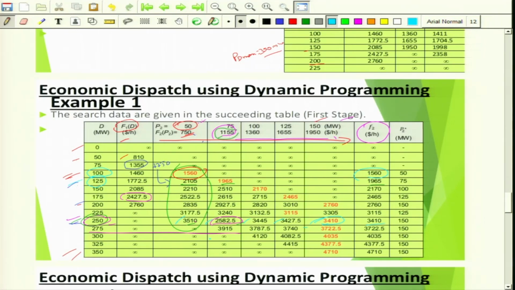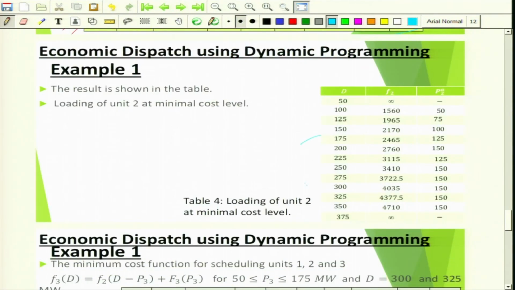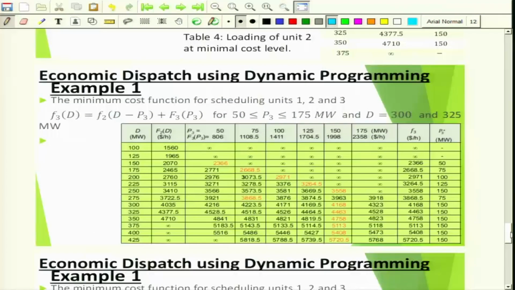So ultimately you got the best possible generation for each variation in the load demand if you have only 2 generators, generator 1 and generator 2, right? Now that is what we have summarized here in this table. Now let us go to the next stage.